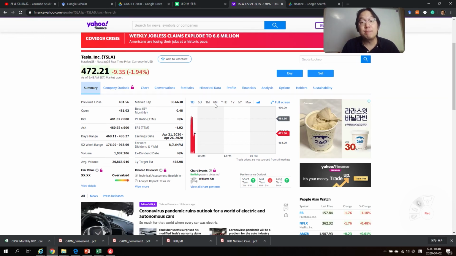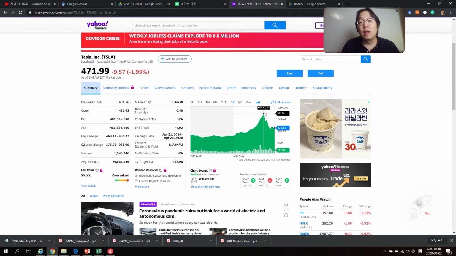If we expand the price chart to 1 year, it used to be around $900, and this is about half the price. If you invested at this time, you're screwed.